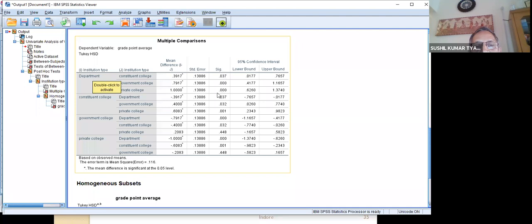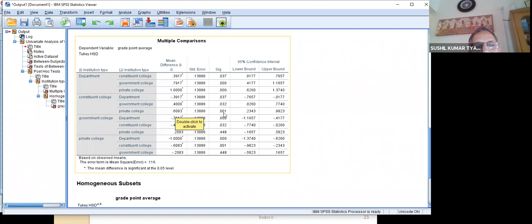So 3. Then the 4th one is this one, constituent college and government college. This is positive. So the value is 0.032. So constituent college is better than government college as far as GPA is concerned, because this is significant. Then the next positive is constituent and private. This is 0.001.